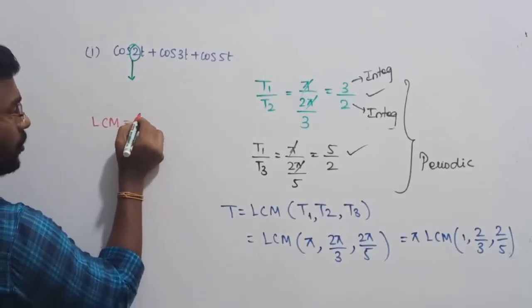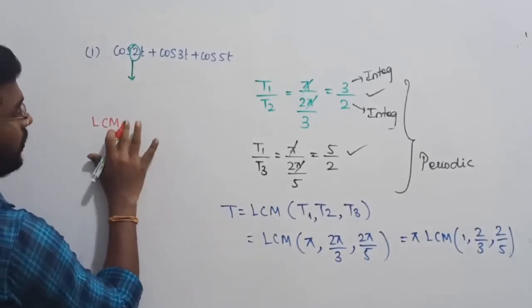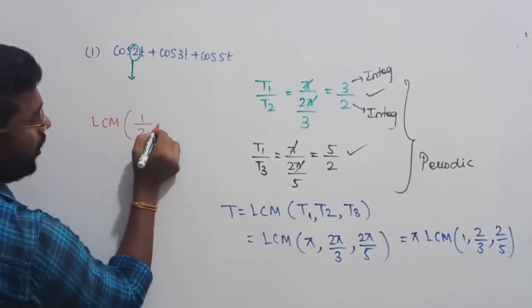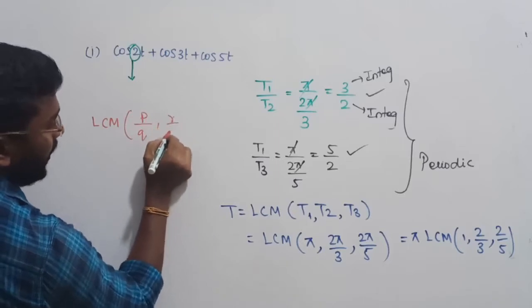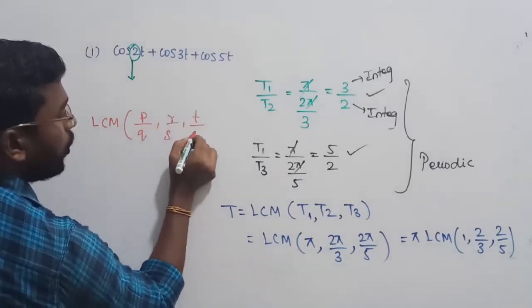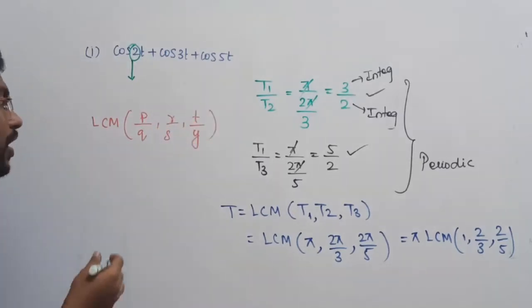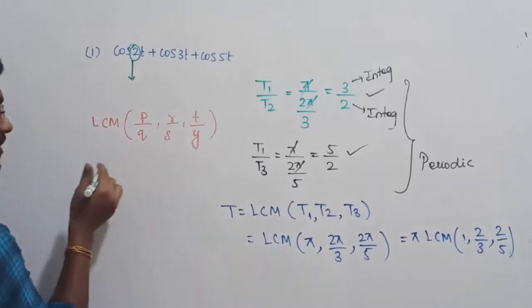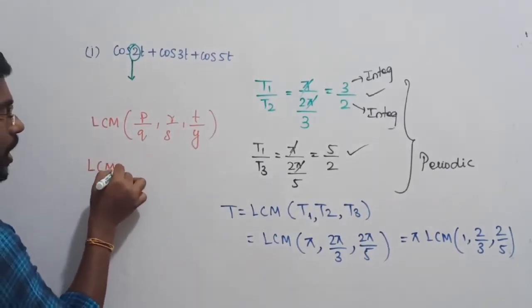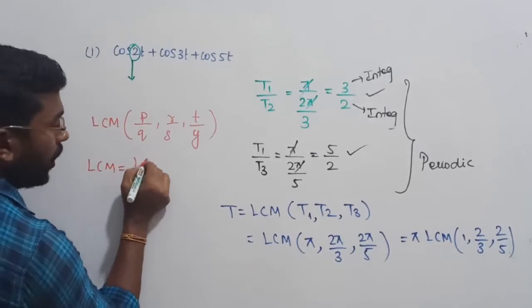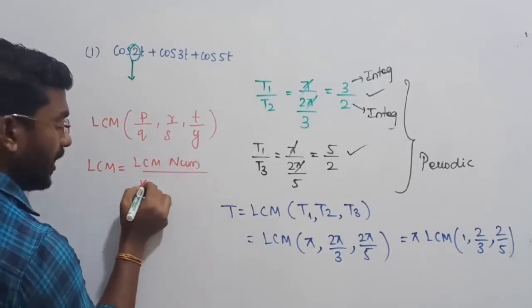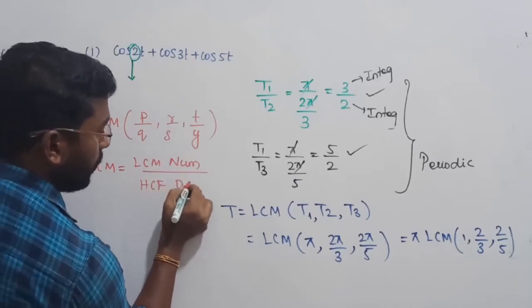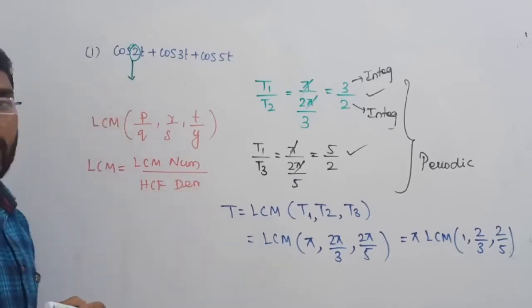The question is the LCM of P by Q, R by S, T by Y. If it is given like this, how will you find the LCM? The LCM of the above combination is equal to the LCM of the numerators divided by the HCF of the denominators. That is how we find the LCM.